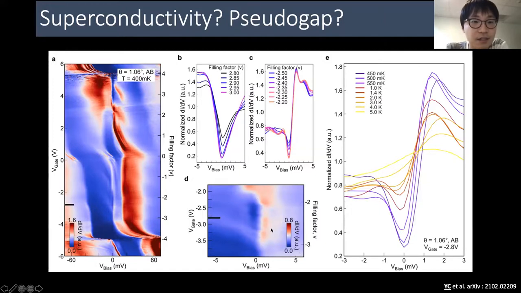And in our case, the gap is a little bit more asymmetric, but it definitely dies away with the temperature, and completely dies away around 5 Kelvin. So this could be some signature of superconductivity or some kind of pseudogap phase developed here. For more details, please check our paper.